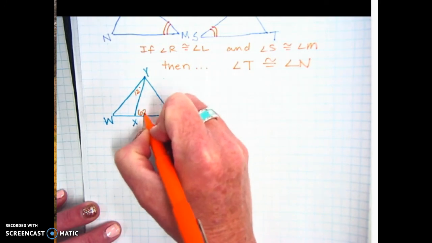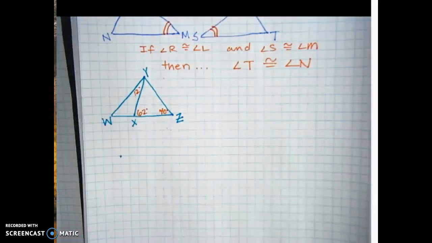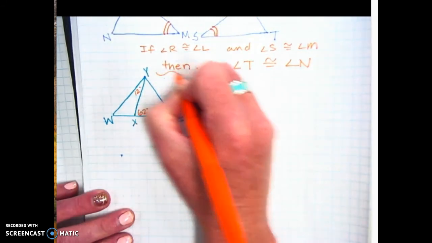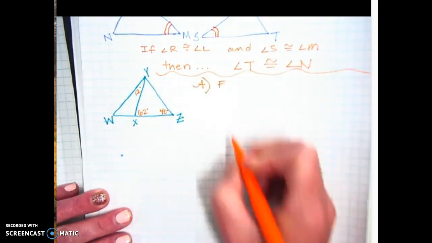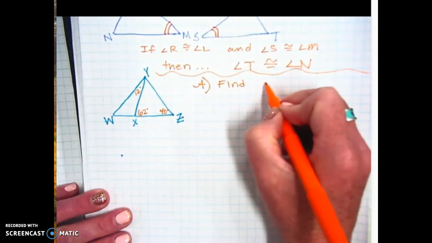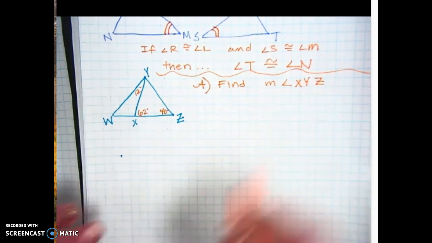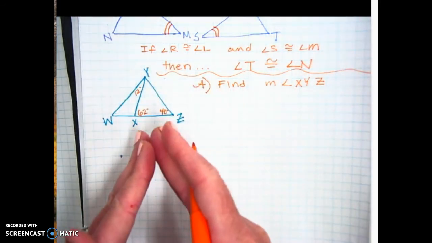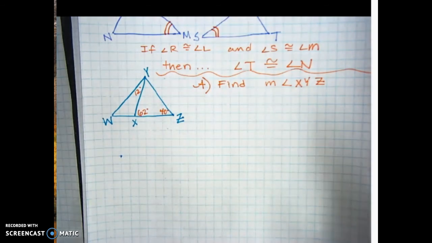This one is 62 degrees. This one is 40 degrees. All right, so we've got a triangle with two triangles inside of it. We saw this yesterday. There's actually three triangles there. Everybody see three triangles? Okay.